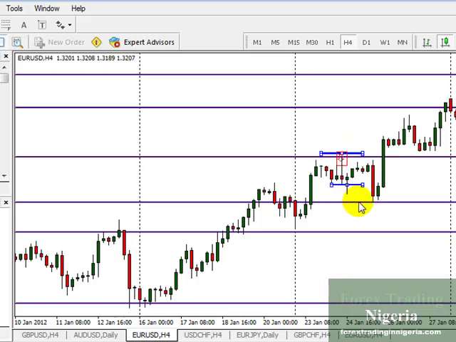Our first take profit will be here. Can I see it? When it got to this place, it did what? It reversed. When it got to this spot, it reversed.